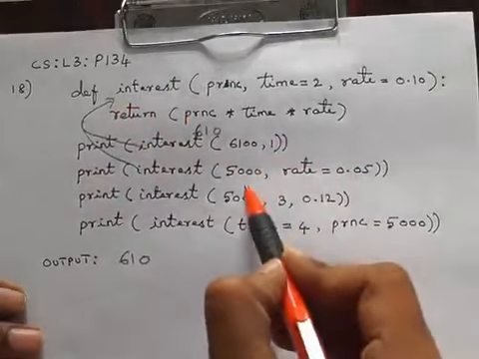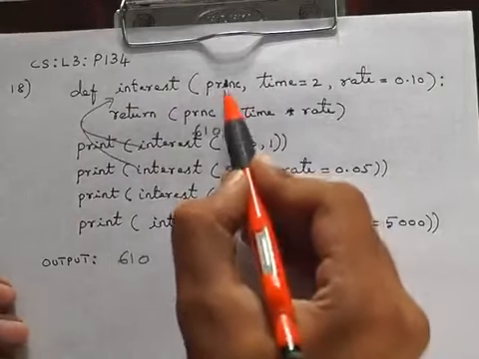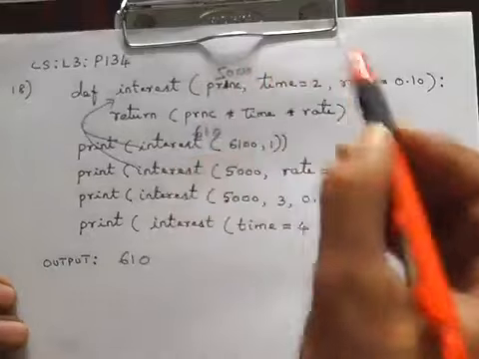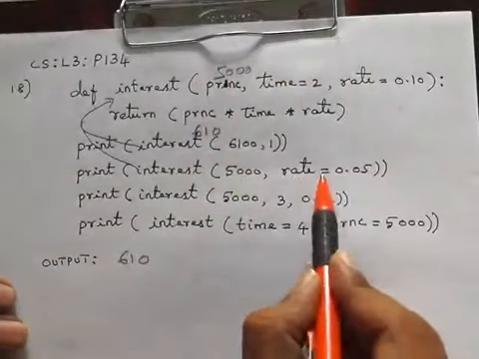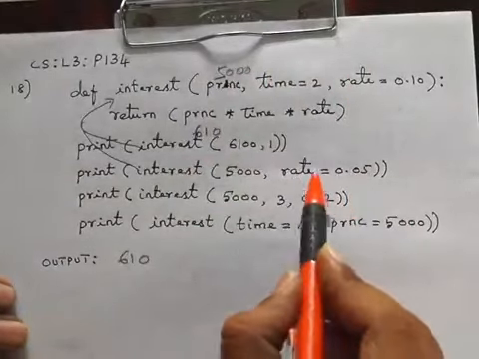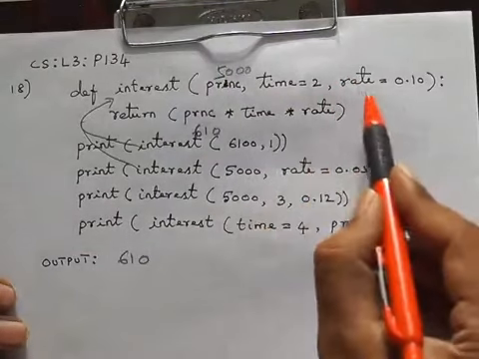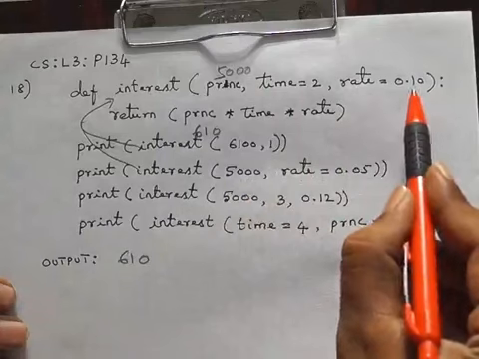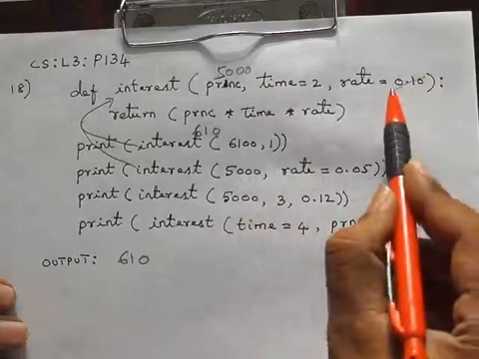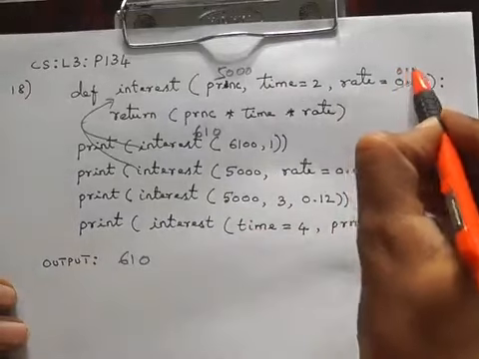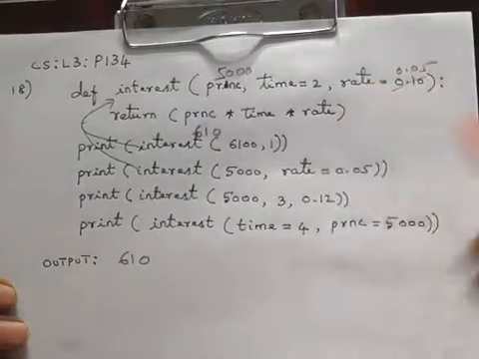Such that this 5000 is transferred to the principal. Now the principal value is 5000 and rate equal to 0.05. Where is the rate argument? It will go and search here. Here is the rate argument. Now this value will be cancelled and 0.05 will be the value of rate.